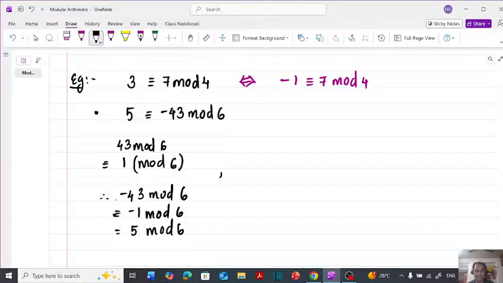I hope you understand this. You see, this is a very, very powerful technique that guides you to collapse the number. So do not get scared about how it is working.